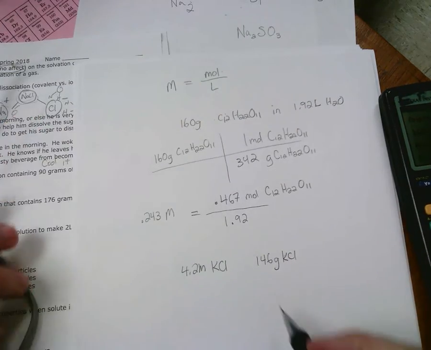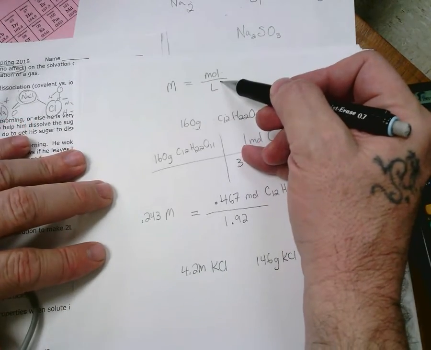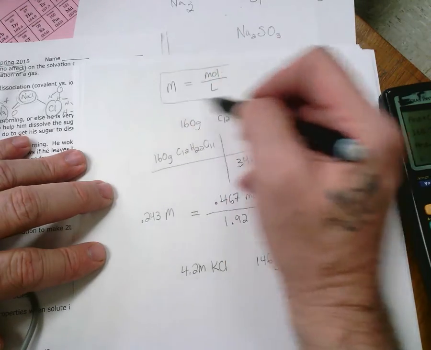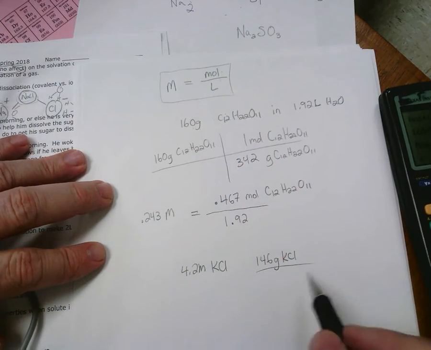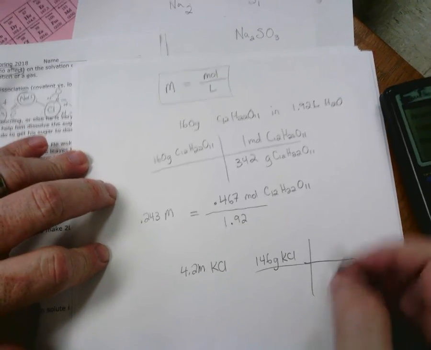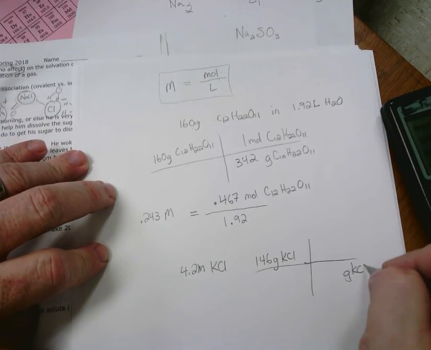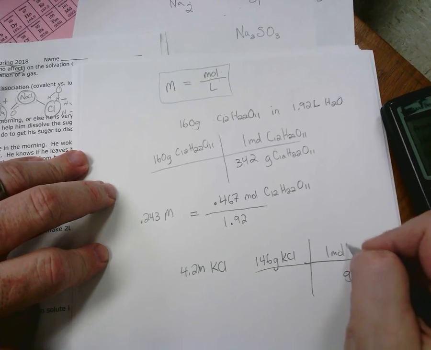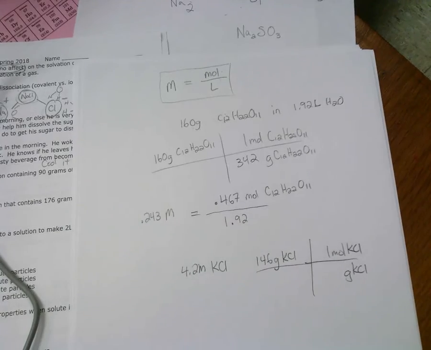So, again, molarity formula. So I can't go with grams. I've got to go for moles. So I'm going to have to do a conversion. I'm just going to do it right here. Grams KCl and 1 mole KCl. That is 146. And then KCl is 35.5.